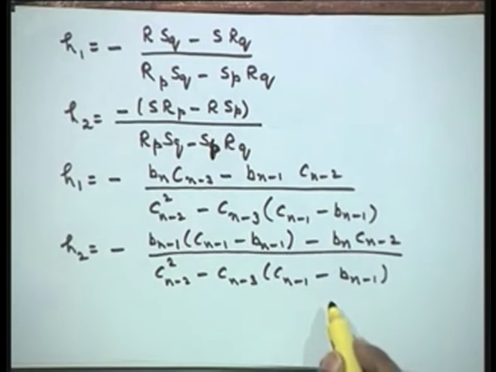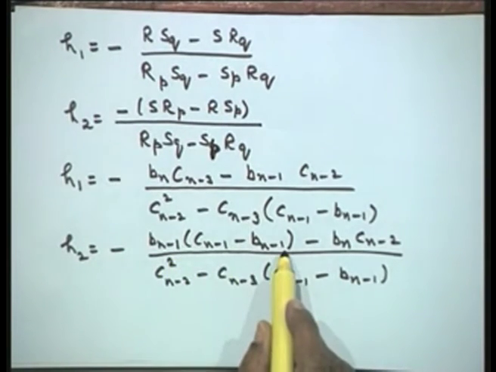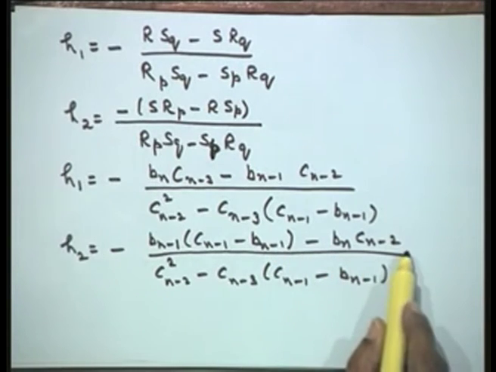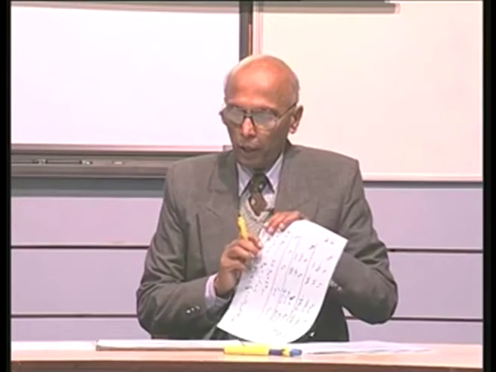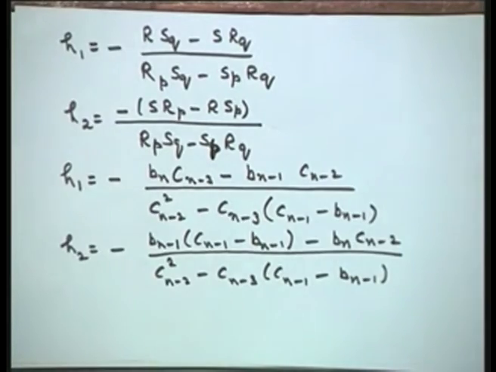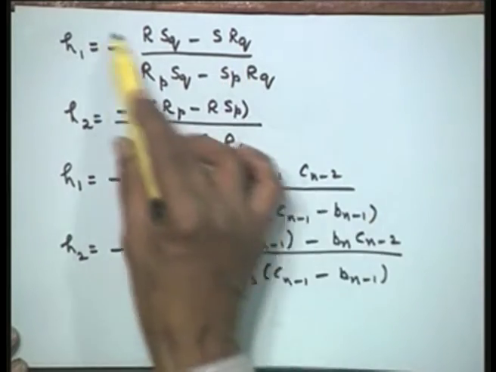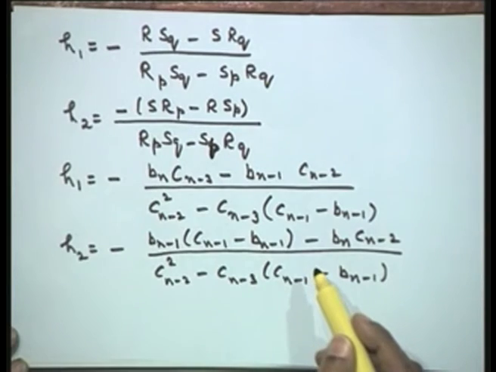The denominators for both are the same. Now, as I was mentioning to you earlier, we can use either one of these formats. Either we find the 6 quantities from the synthetic division directly and substitute them here, or alternatively I can use this particular formula.